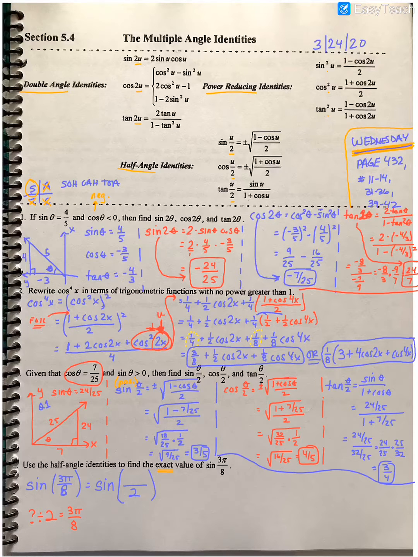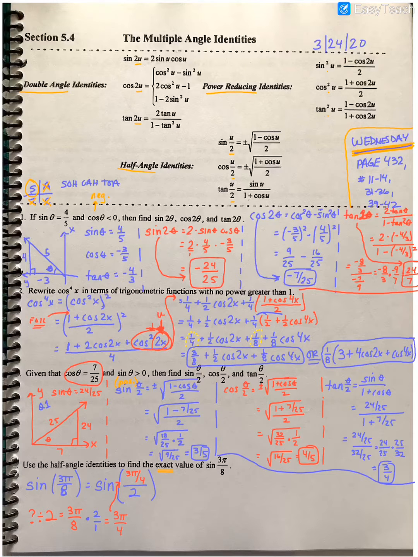So the point I'm trying to make is that always, to find the piece I need, we're going to multiply by 2. So when I take 3 pi over 8 and I multiply by 2, I'm going to be at, if you simplify it, 3 pi over 4. And that 3 pi over 4 is what's going to go in up here on top.